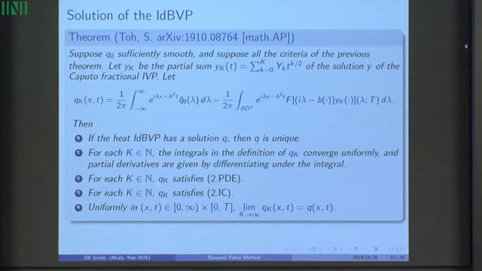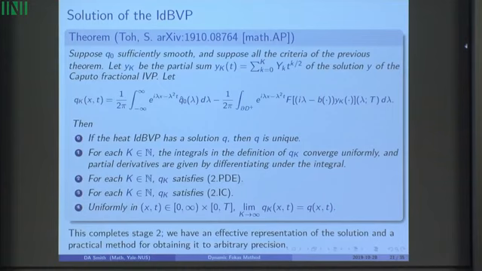This Q_k satisfies the PDE and satisfies the initial condition, and if you take the limit as k goes to infinity, then uniformly your solution approaches the true solution. Okay. So that now completes stage 2. We've got an effective representation of the solution, and we've got a practical method for obtaining it to whatever precision we like.